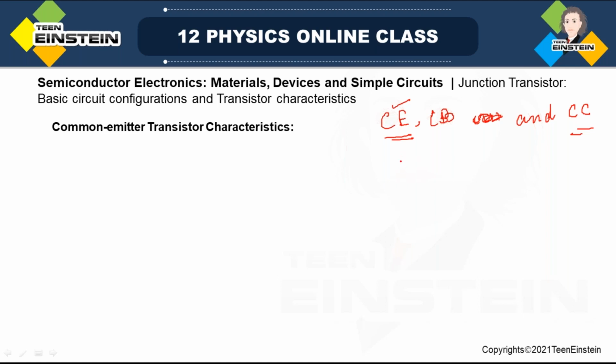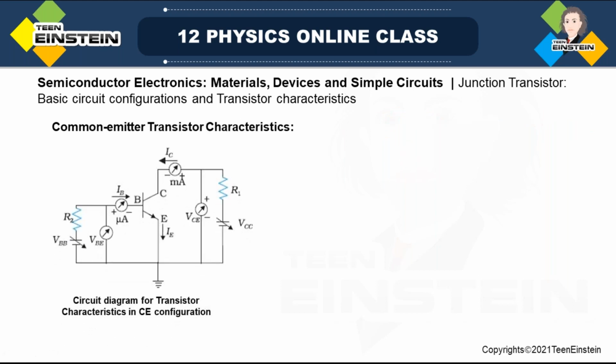Let us see the common emitter circuit here. This is an NPN transistor. Generally, common emitter configuration is being used widely along with the NPN transistor.